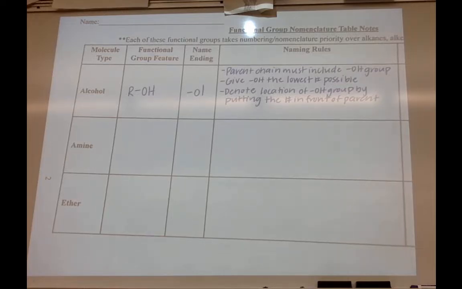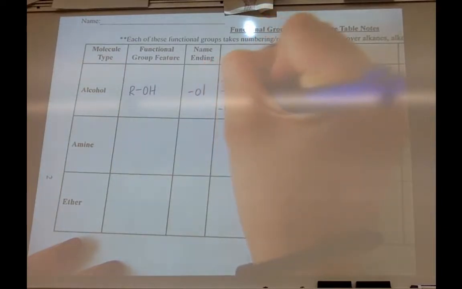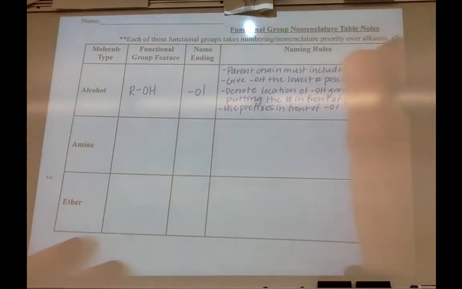Then we just need to use prefixes in front of OL if multiple OH groups.